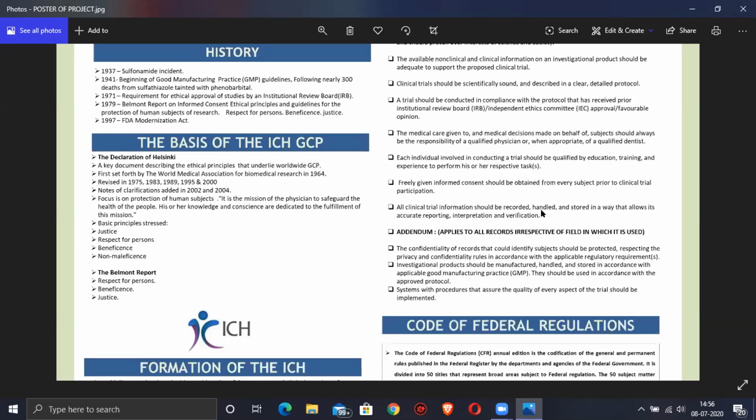The addition to this is that aspects of the trial that are essential to ensure human subject protection and reliability of trial results should be the focus of such systems. So we need a system in place which will ensure that quality is maintained throughout the entire trial process. What should be the focus of such a system? The focus should be two things: human subject protection and the credibility of the data.